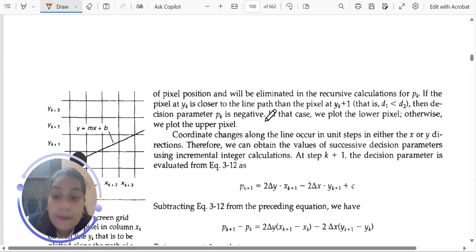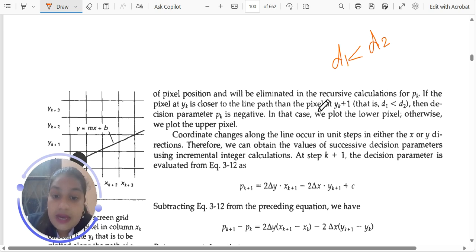Okay. If the pixel at yk is closer to the line path than the pixel at yk plus 1, yk closer means d1 is lesser than d2.